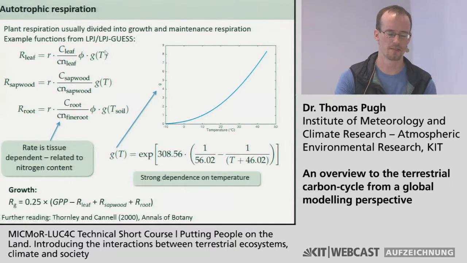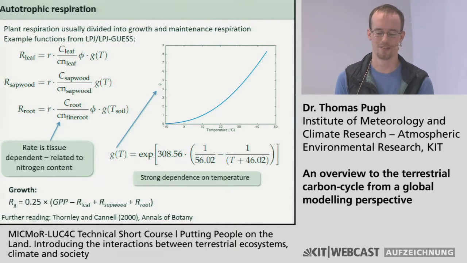And then we modify this by a function that's dependent on temperature. This is the temperature function in the LPJ models, at least the ones that I've been working with. And you see that the function increases very strongly with temperature. In reality, there's some kind of maximum, but many models don't take this into account.